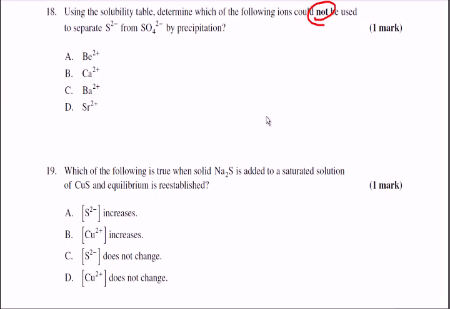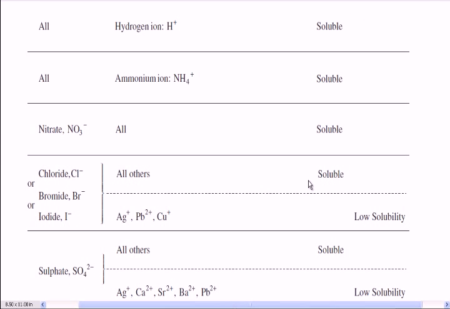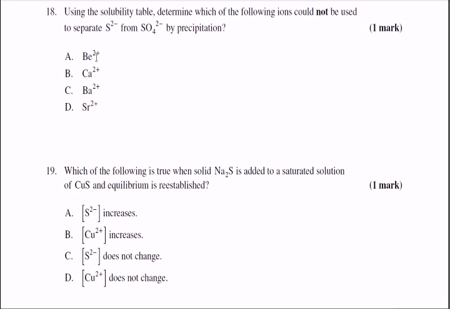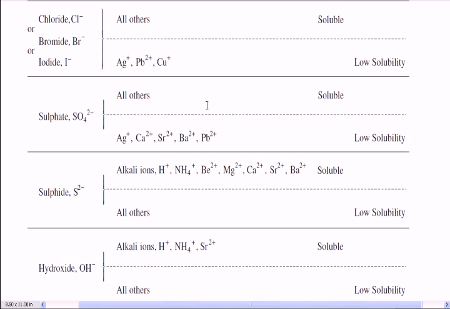Okay, so let's take a look. Scroll down to sulfate and sulfide. So which ones cannot be used? I'm going to go back here to see what our options are. Beryllium, barium, calcium, and strontium.